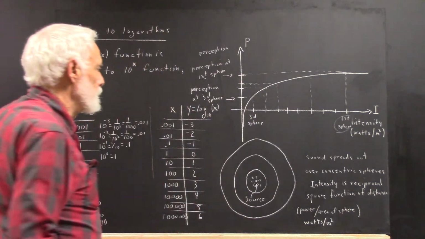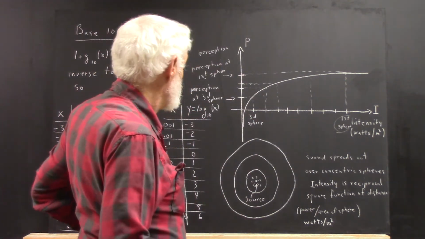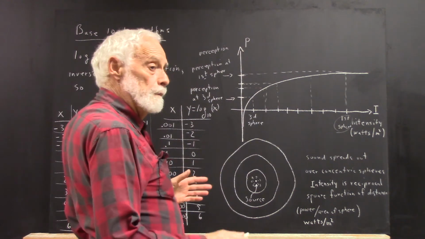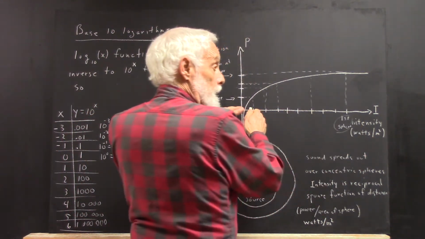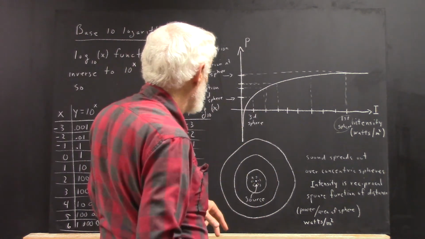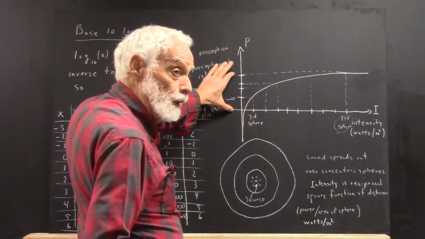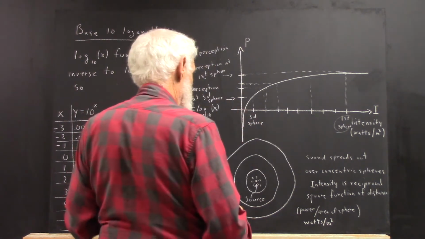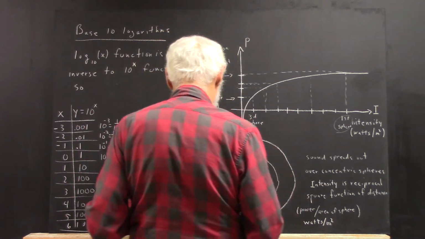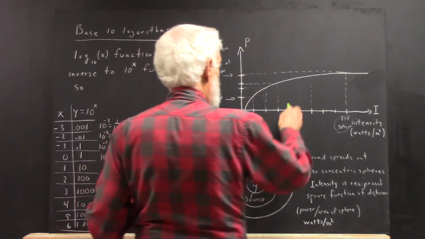Perception at the first sphere is here. Even though the first sphere has 9 times the intensity of the third sphere, it certainly doesn't have 9 times perception.